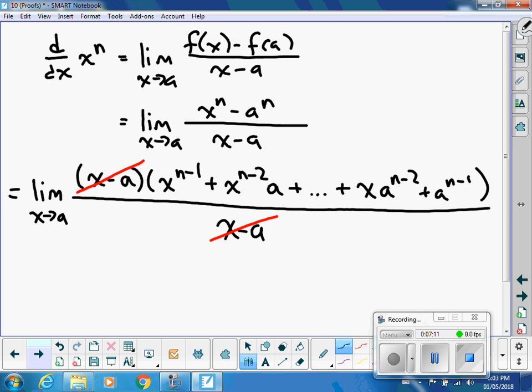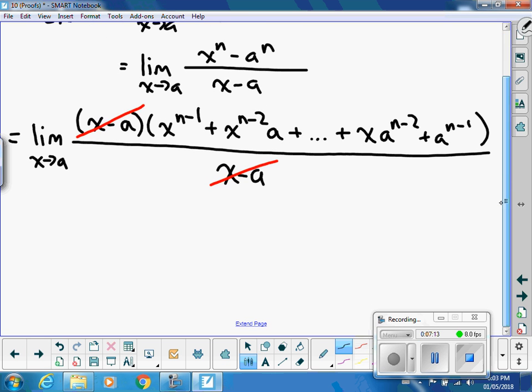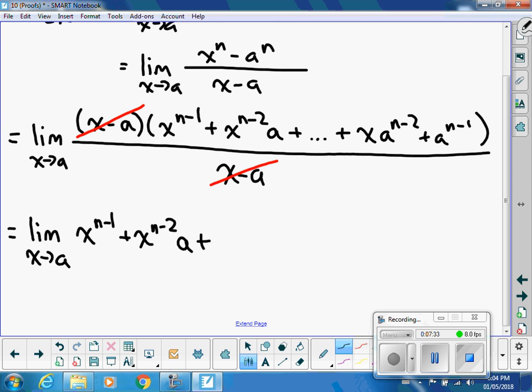So I get the limit as x approaches a of just that second part on the top: x to the n minus 1 plus x to the n minus 2 times a plus, and this time I'm going to write the third one in just to show what's going on.